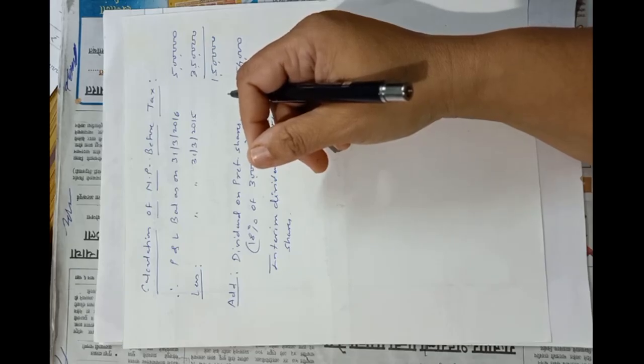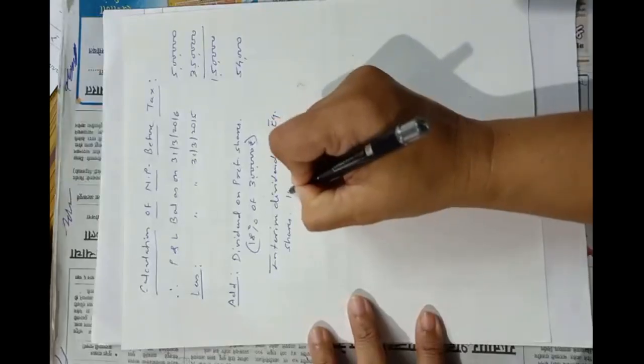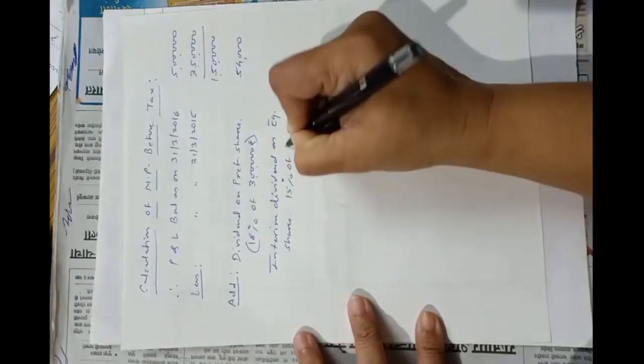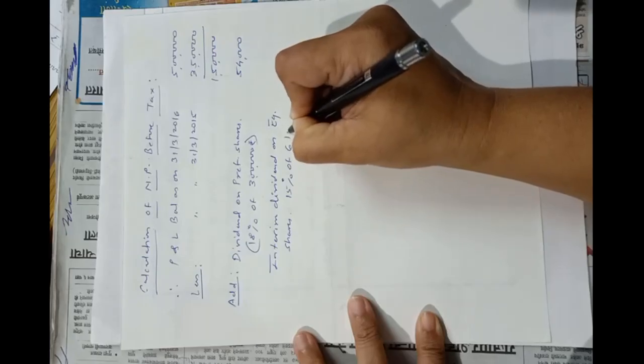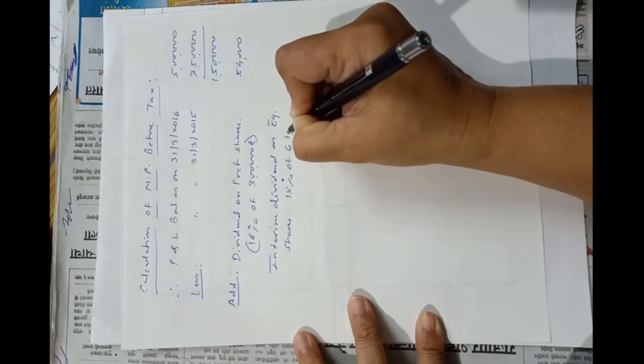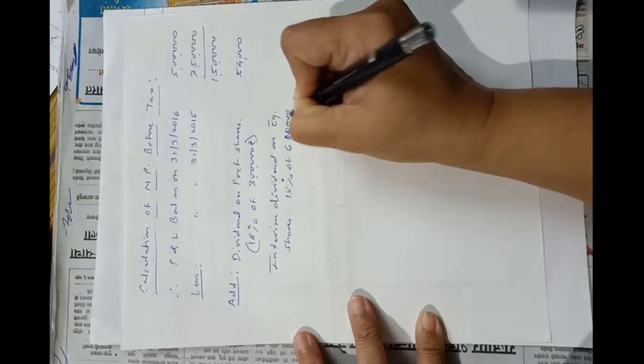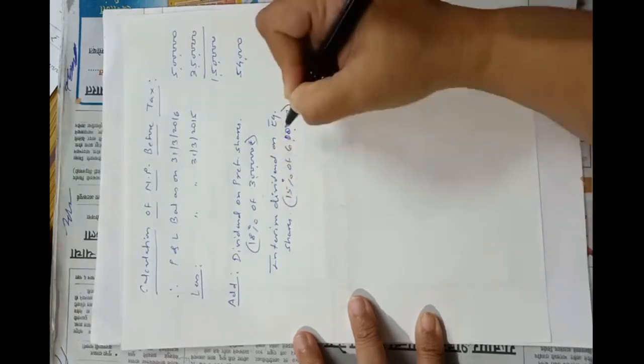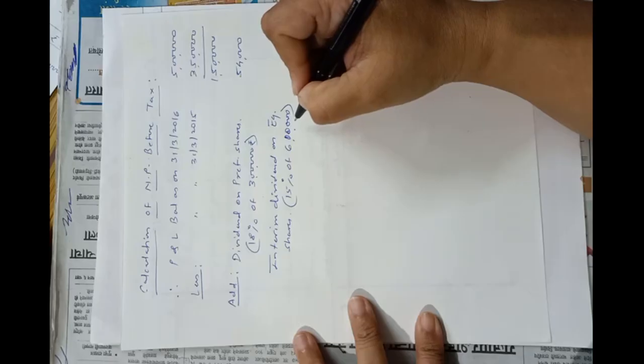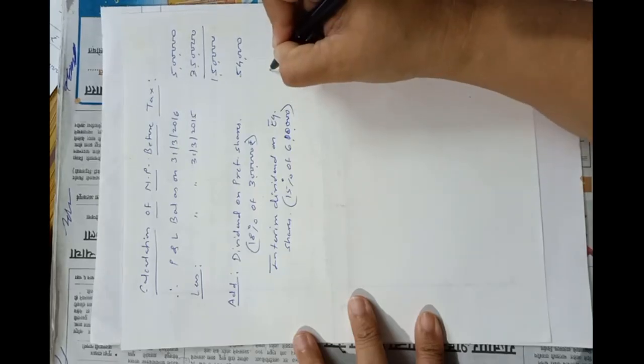This is the information given, second point. So we have to pay interim dividend on only original capital, that is 6 lakhs. So 15% of 6 lakhs. Okay, so it will be 90,000.